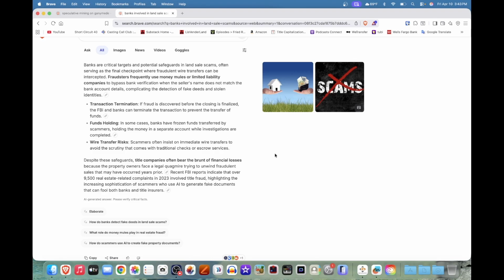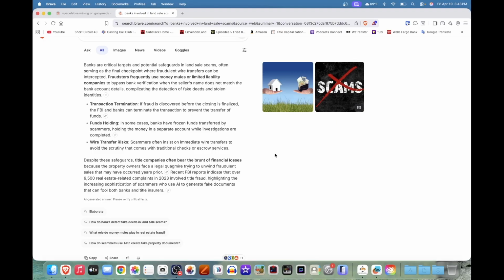Banks have frozen funds transferred by scammers, holding the money in a separate account while investigations are completed. Wire transfer risks: scammers often insist on immediate wire transfers to avoid scrutiny that comes with traditional checks or escrow services. Despite these safeguards, title companies often bear the brunt of financial losses because the property owners face a legal quagmire trying to unwind fraudulent sales.